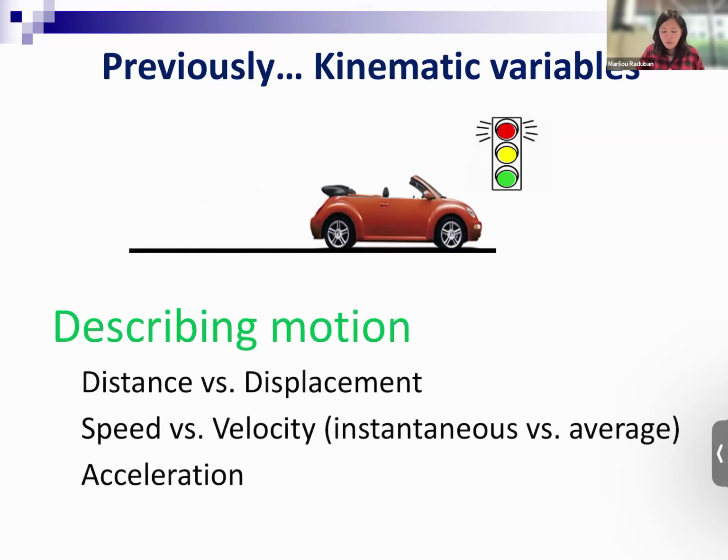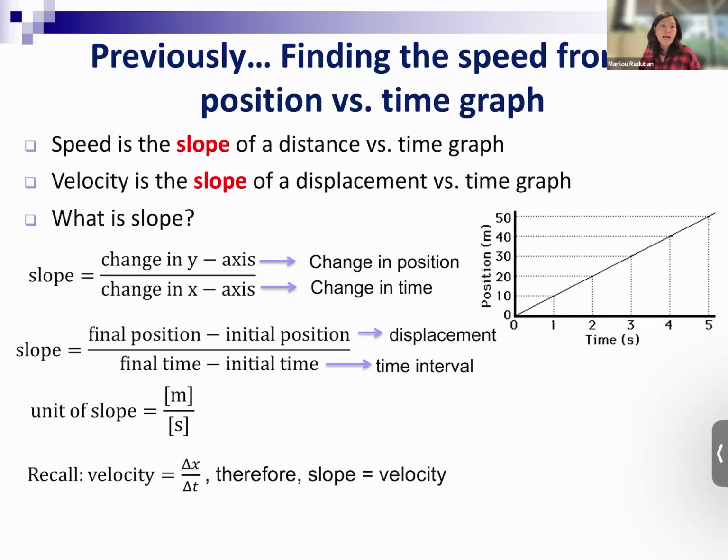Previously, we tried to describe an object that is moving. We defined and differentiated these terms from each other: distance, displacement, speed, velocity, and acceleration. We also started to look at how we interpret motion graphs.